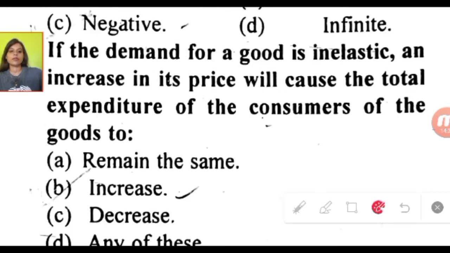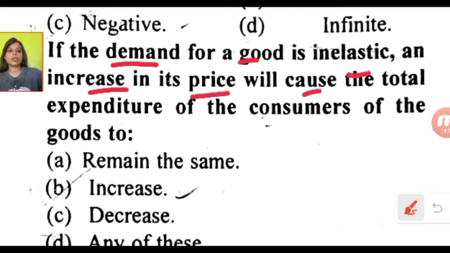Okay. The next question says, if the demand for a good is inelastic, an increase in its price will cause the total expenditure of the consumers of the good to what?